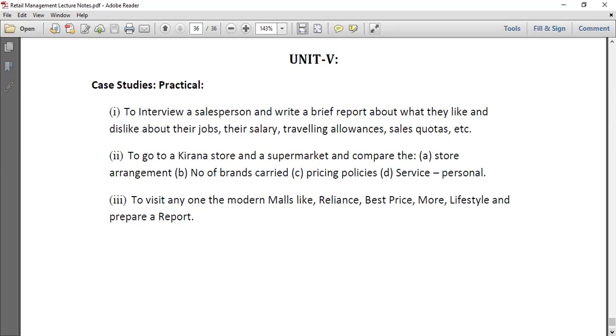Compare Spencer with a Kirana shop or compare Reliance with the Kirana shop. That's the second thing. The first thing is to interview a salesperson. And the last thing is to visit the modern malls and prepare a report. So these are the 3 activities that we have under case studies or practicals in unit number 5.